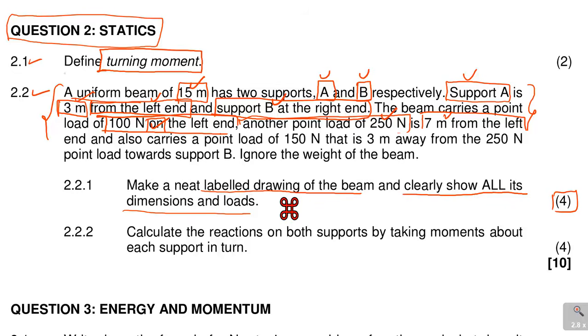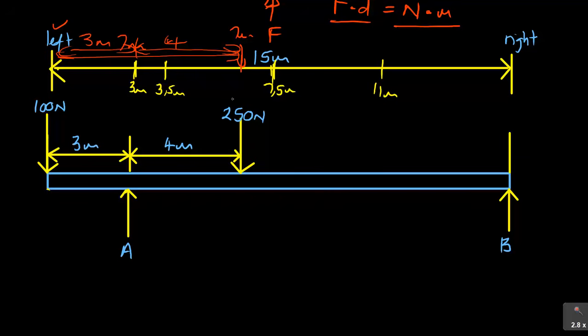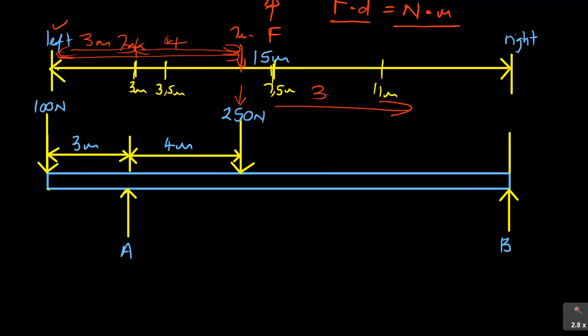So you have another load of 150 newtons that is 3 meters away from the 250 newtons point load towards support B. So you go to the 250 newtons, go 3 meters away in the direction of support B. So what they're saying here is we have got our 250 here. Now towards support B, this is the direction, but you must move 3 meters. That's what they're saying.